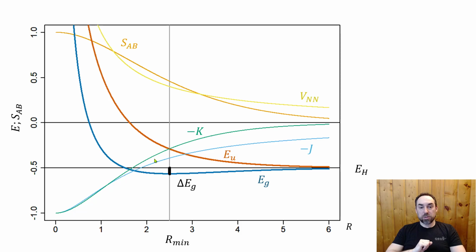One note that we want to keep in mind, and that's the last thing of this video because before we look at the summary, is that when we dissect all of these energy terms in terms of J and K and whatnot, it turns out that the Coulomb integral J, yes, it is stabilizing with respect to the separated species, but it stabilizes, in a way, both the ground state and the excited state the same amount.